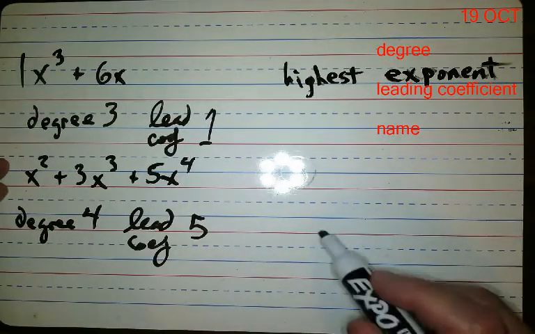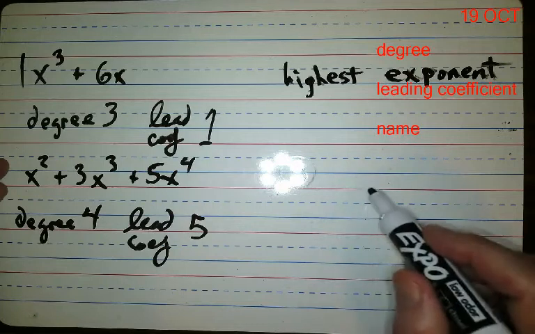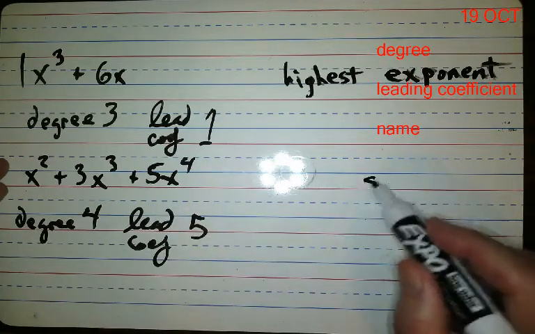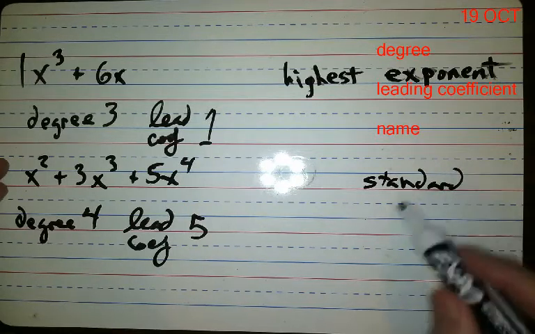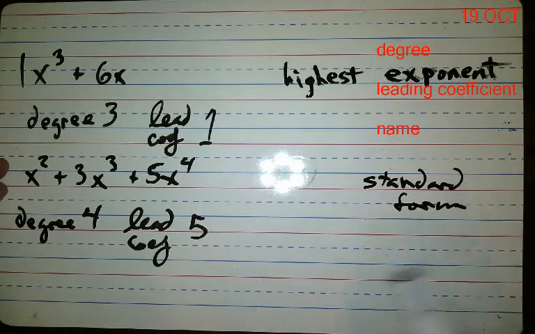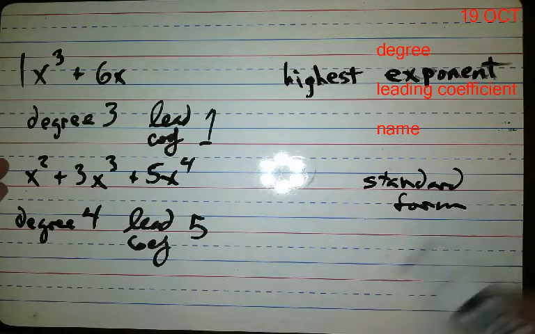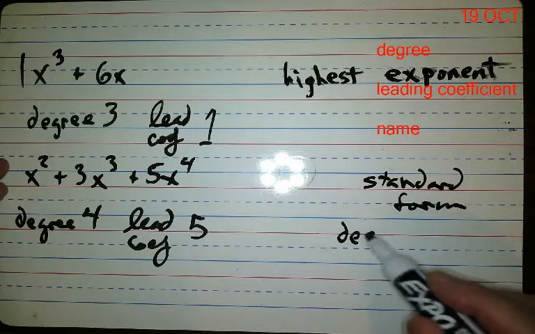Which reminds me, whenever it's written this way, it's not in standard form. So standard form is the way that we always write our answers when we work out stuff, and it has to be in descending order.